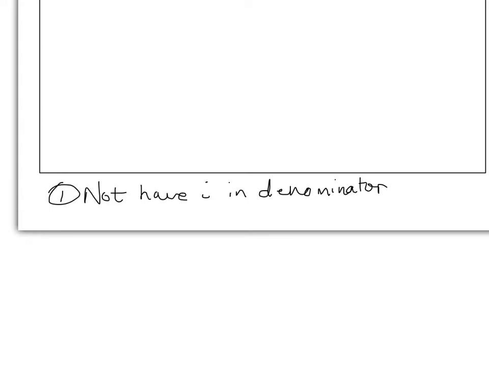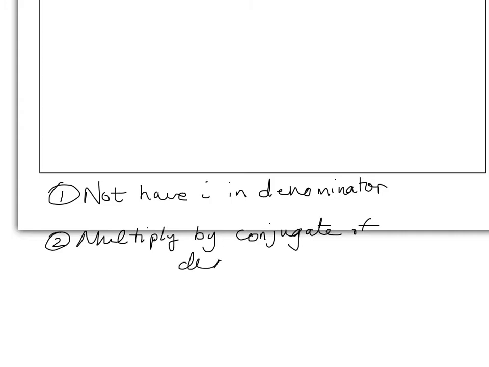So in order to get i out of the denominator, you multiply by the conjugate of the denominator. In order to get rid of the i in the denominator, you're going to multiply by its conjugate on both top and bottom.